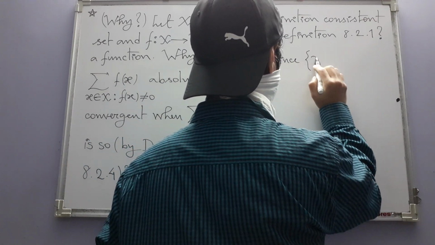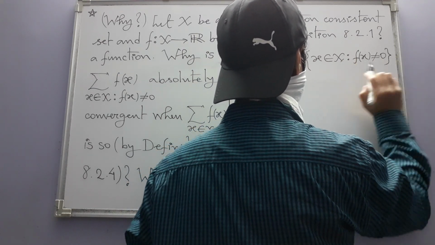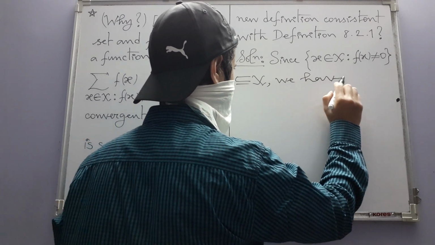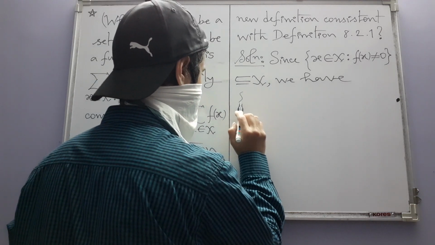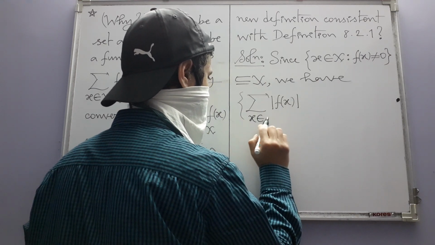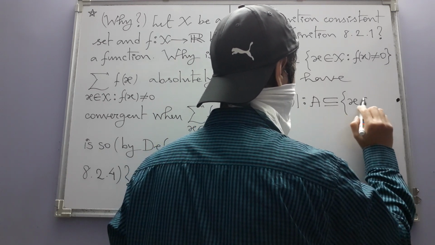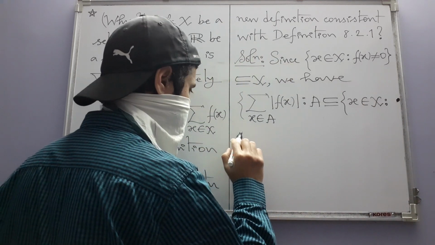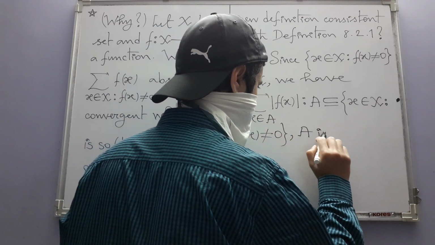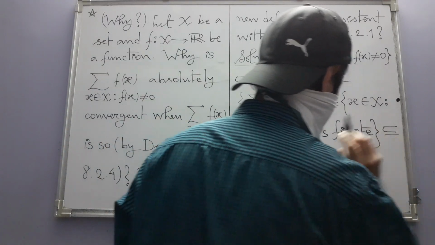Since the set of those x at which f does not vanish is a subset of X, we have the following inclusion. This set is a subset of this next set.